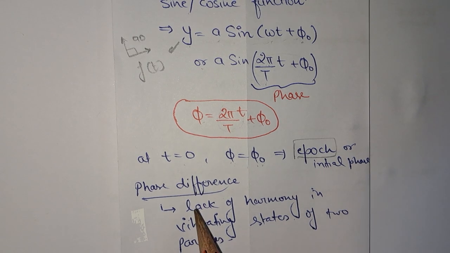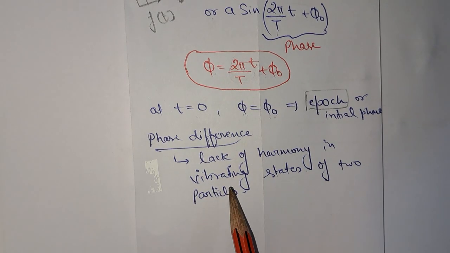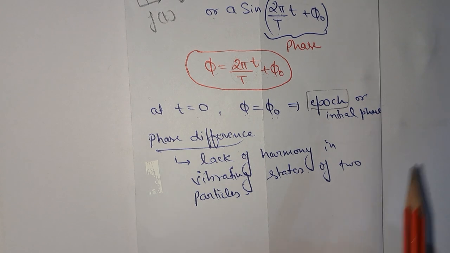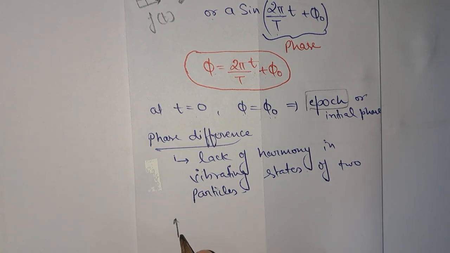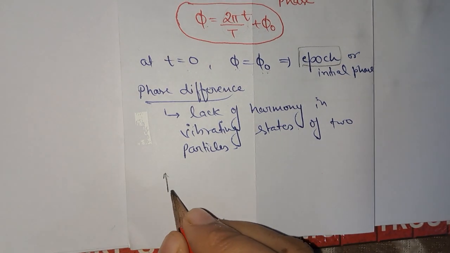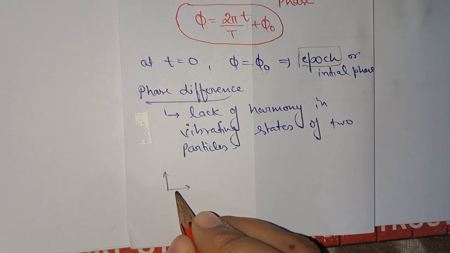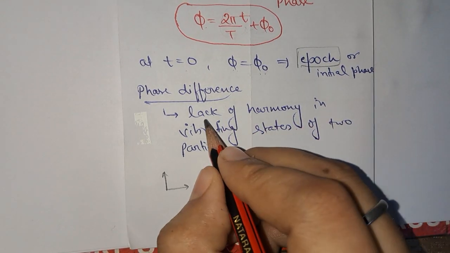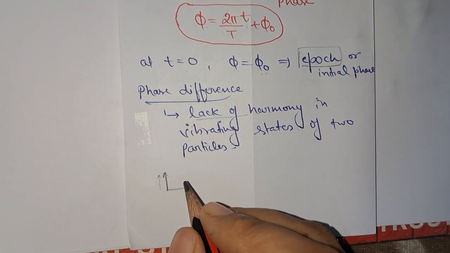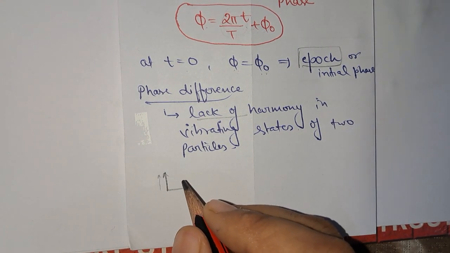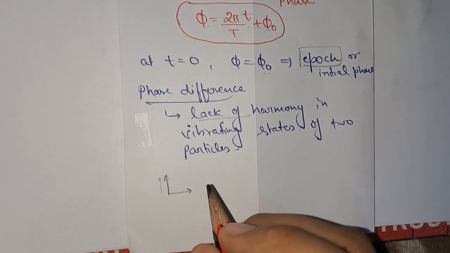Now what is the phase difference? It means lack of harmony in the vibrating states of two particles. If one is vibrating in this direction and the other is moving in this direction, there has to be some difference. They are not moving parallelly, but they are lacking harmony, the synchronism.